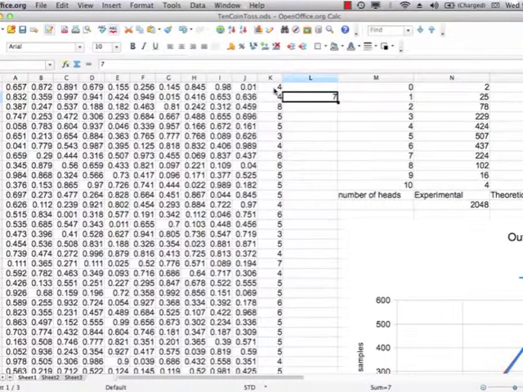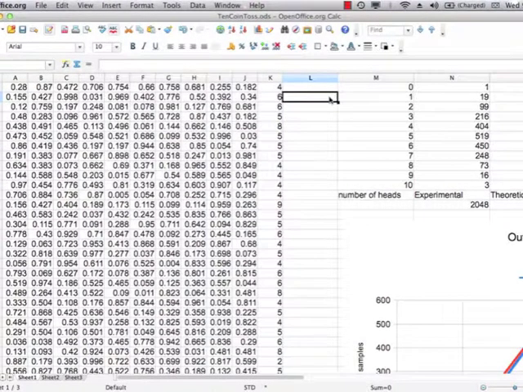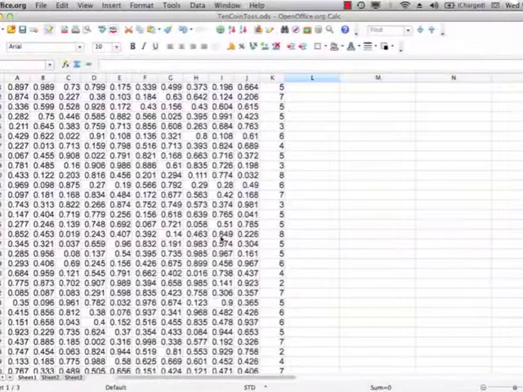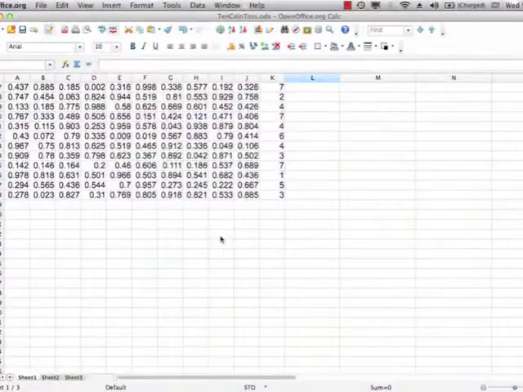And then, because the spreadsheet doesn't care, I've done this 2048 times. Why 2048 times? Well, that will become clear a little bit later in the video.